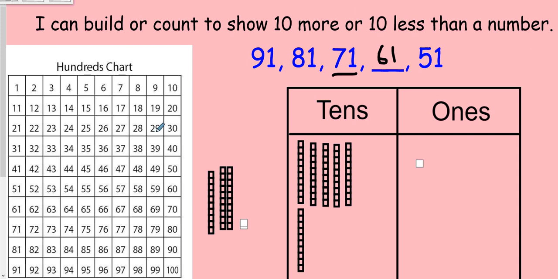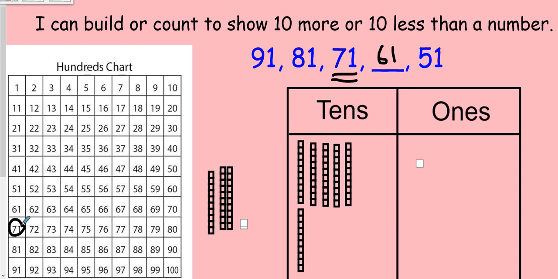Let's check on our hundreds board. Remember, we were using 71 to help us, and then we were thinking 10 less than 71. Let's find 71 on our board. If I want to show 10 less, am I going to go down on the board, or am I going to go back this way on the board?